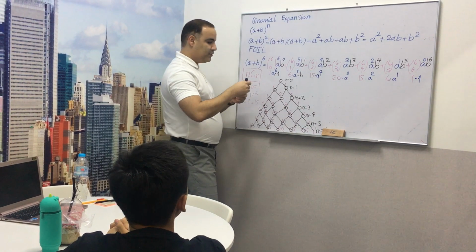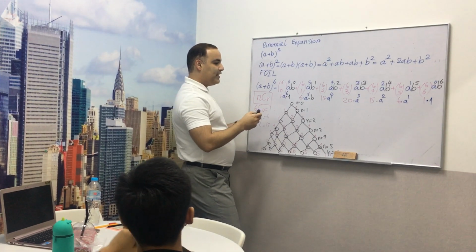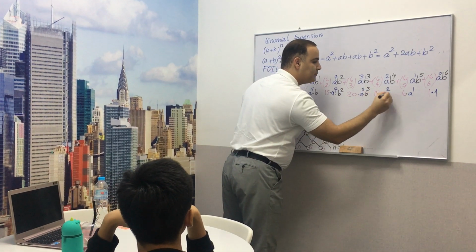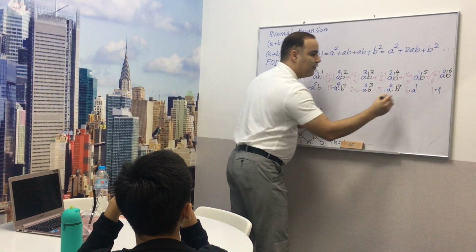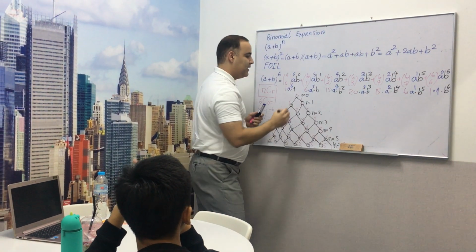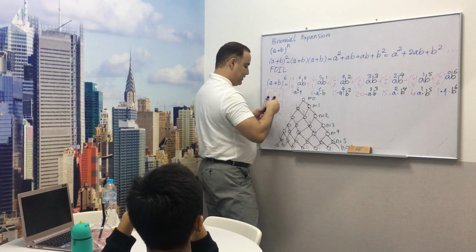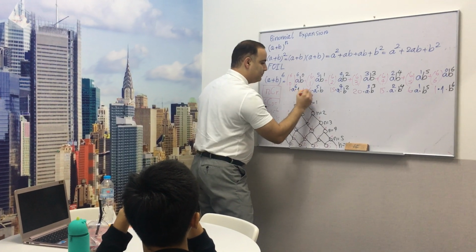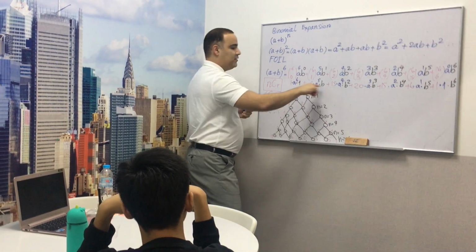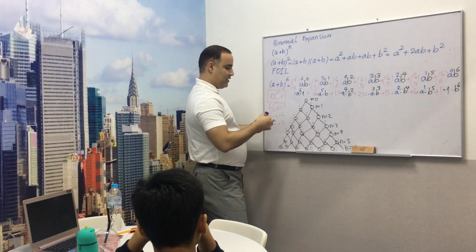A to the power of 0 is 1. And the last one is b squared, b cubed, b to the power of 4, b to the power of 5, and b to the power of 6. And then all here we have plus.